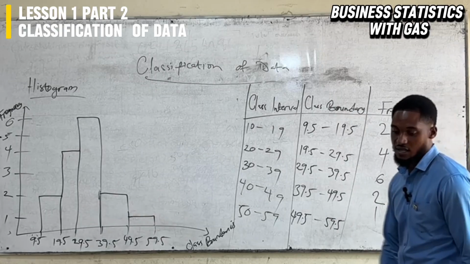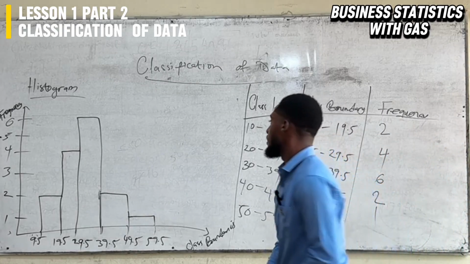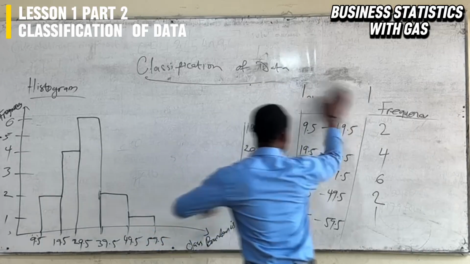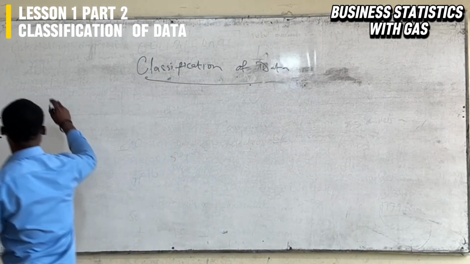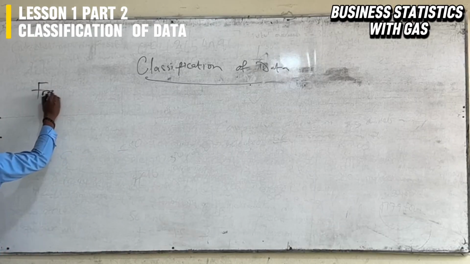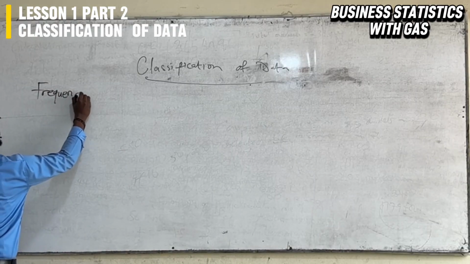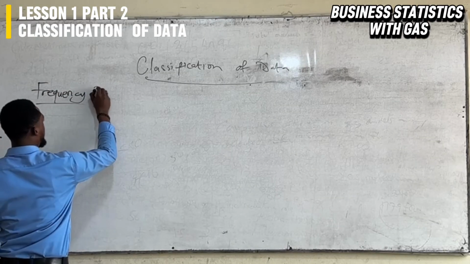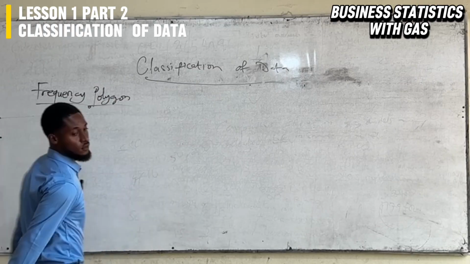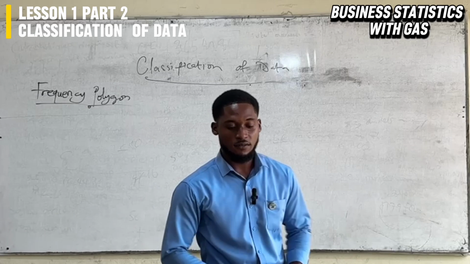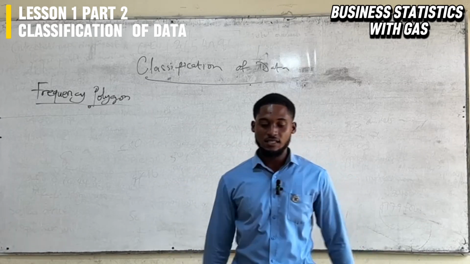So we move on to the next stage. We move on to frequency polygon. This is a line graph of class frequency against the midpoint.